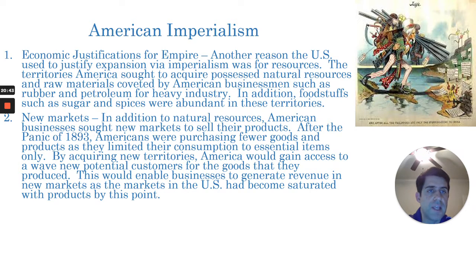And you can see that he's carrying a whole bunch of American products in his arms, over his shoulder, and he's looking to unload them over there and sell them over there, find new customers, find a new source of revenue over there. And that was a major reason, a major economic justification for imperialism and empire for America.